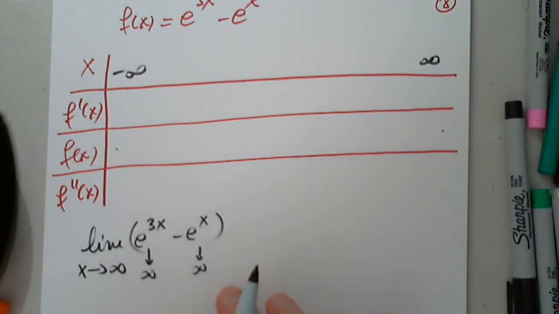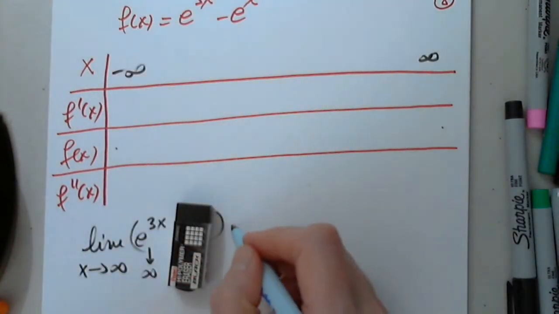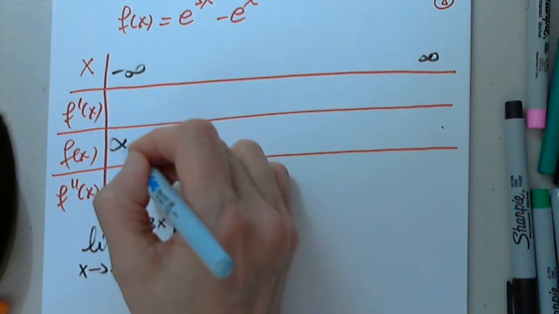Please do not say 0, because infinity minus infinity is an indeterminate case. But as x approaches infinity, which of these two will be stronger? Which will go to infinity faster? E to the 3x. Very good. Exactly. So then this must be infinity.